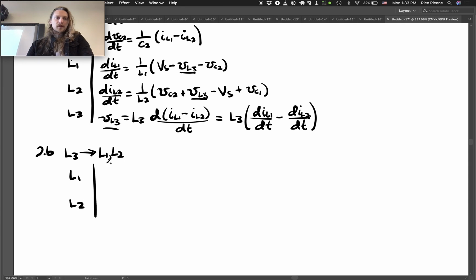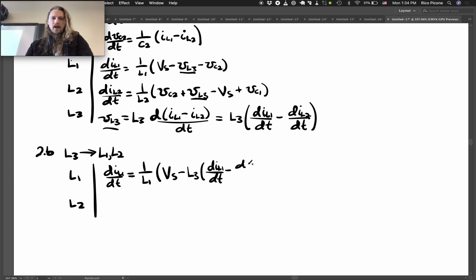The L1 equation, we've got dIL1/dt equals 1 over L1 times Vs minus, plugging in for VL3, we have L3 times dIL1/dt minus dIL2/dt.